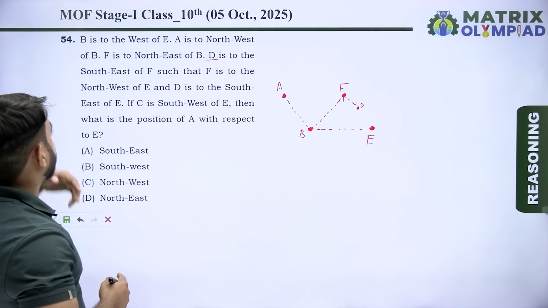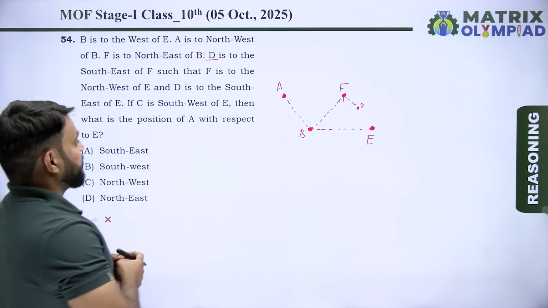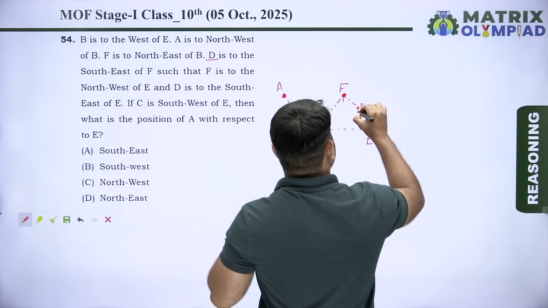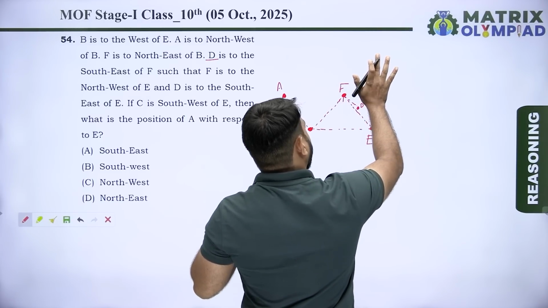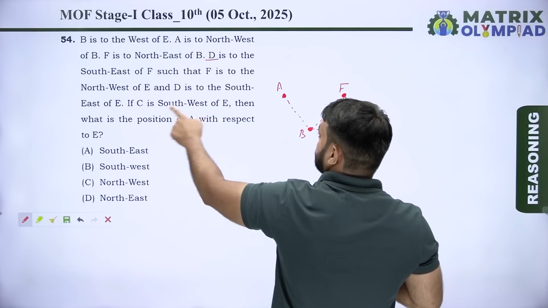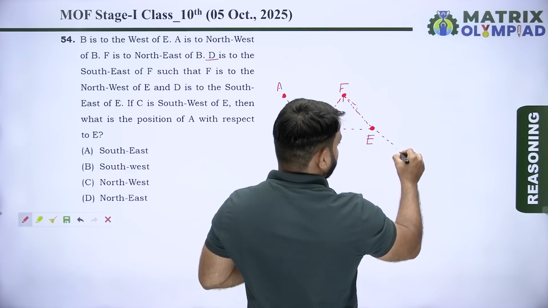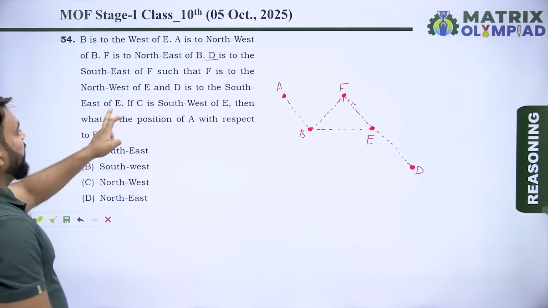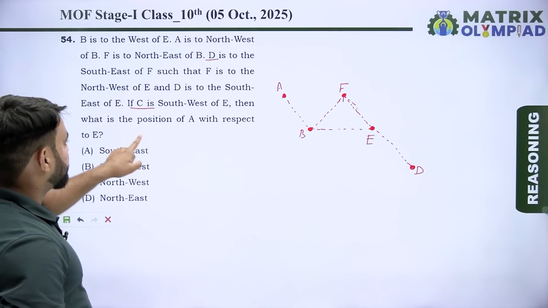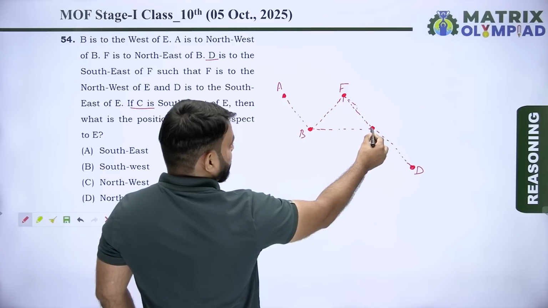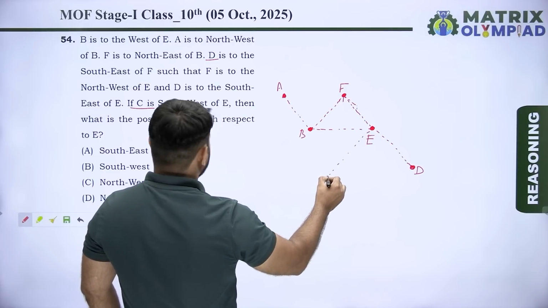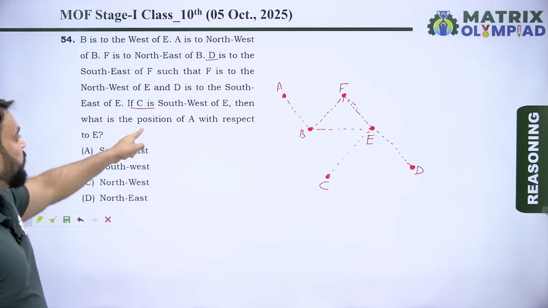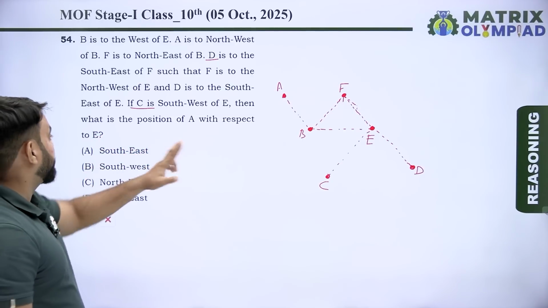F is to the northwest of E. This is the north and this is the west. So F is to the northwest of E and D is to the southeast of E. So here is D. Now if C is southwest of E, this is the south and this is the west of E. So here is C. Then what is the position of A with respect to E?